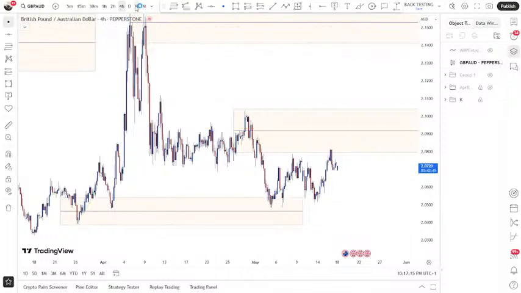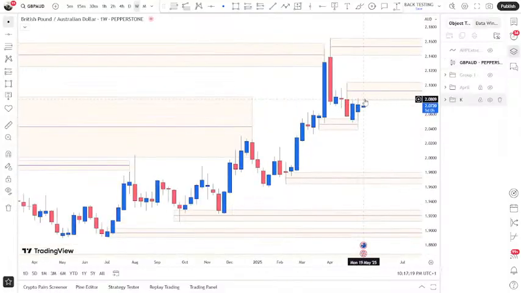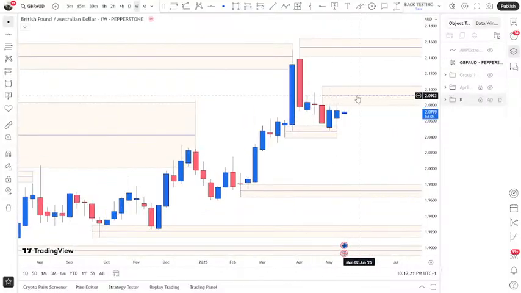If you go down to the weekly time frame, that is actually a minor key level right there. We are almost close to that minor key level, and we have this key level here on the weekly time frame.